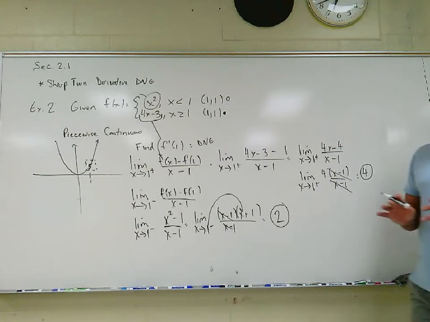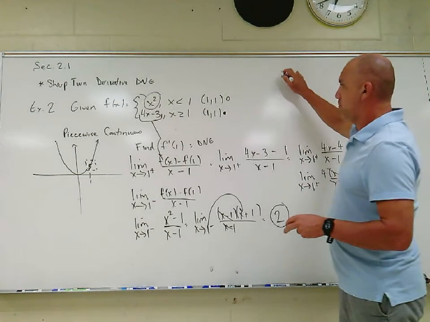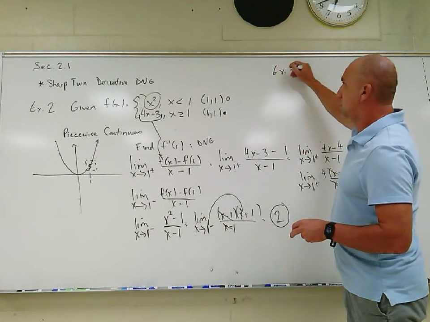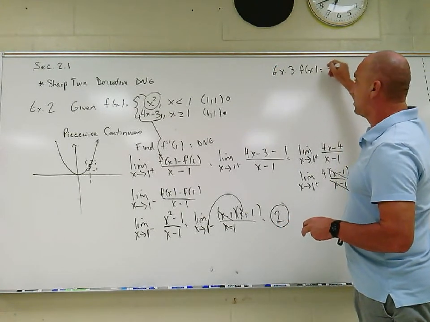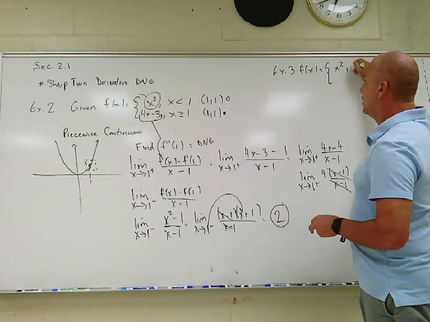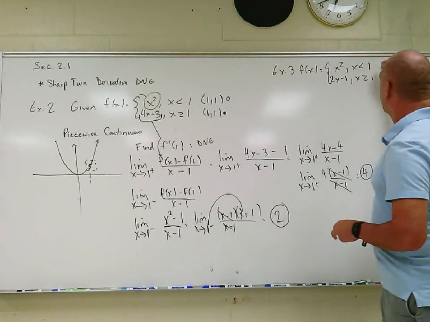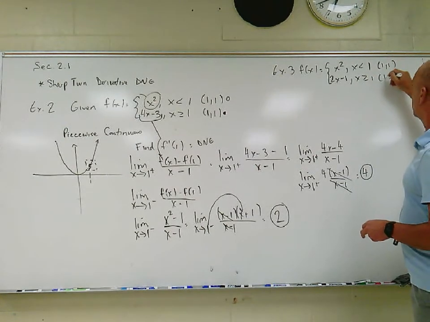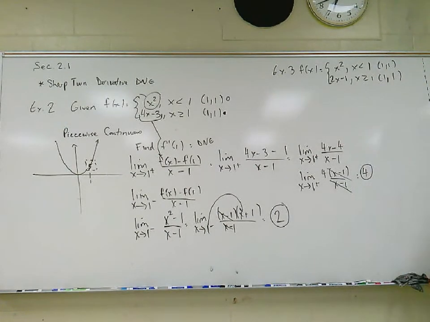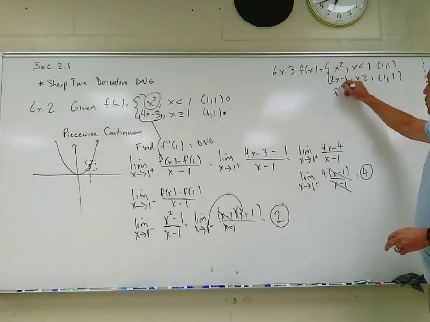Just to show you where it would exist, rather than working the whole problem, if I change the second function slightly and I made it 2x minus 1, notice they still have the point (1, 1), right? So it's piecewise continuous. And I wanted to find f prime of 1.